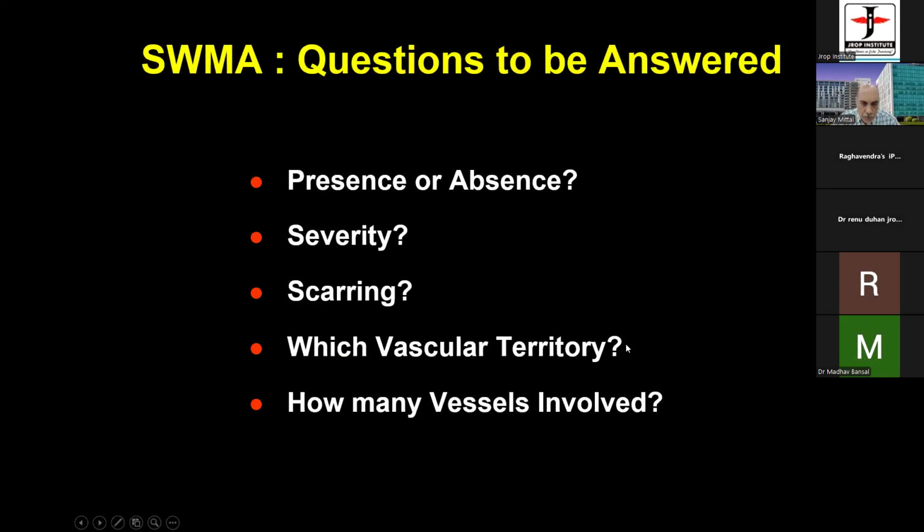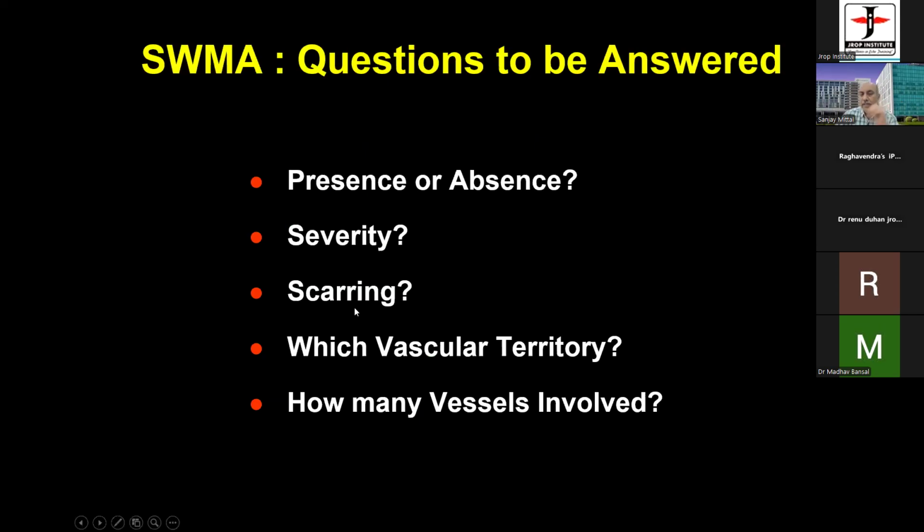So whenever we do a wall motion analysis, we should not only comment on whether wall motion abnormality is present or absent. We should comment on the severity, whether it is normokinesis, hypokinesis, akinesis, dyskinesis, or aneurysm.